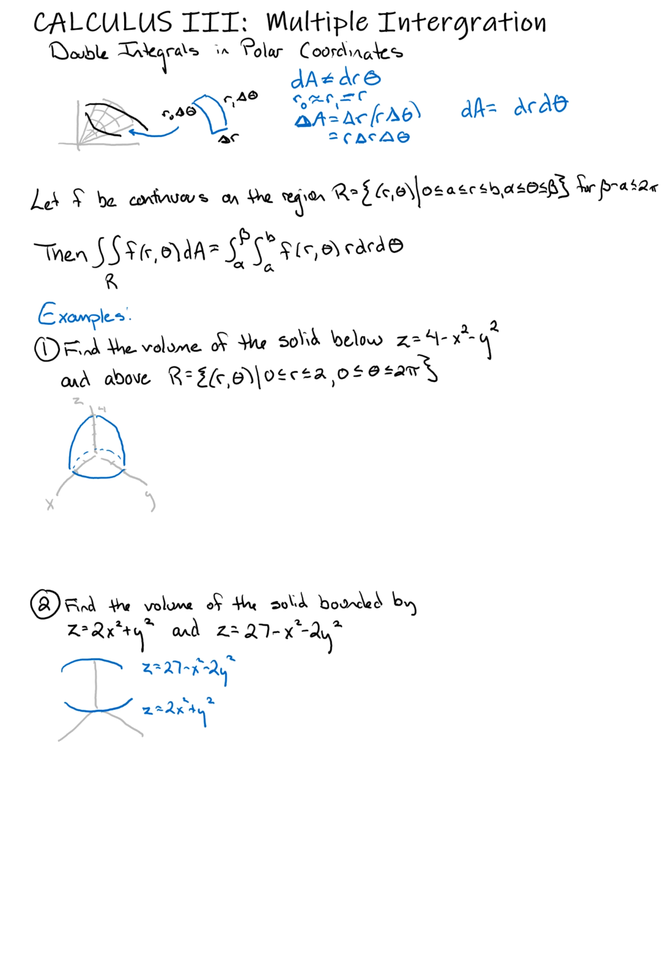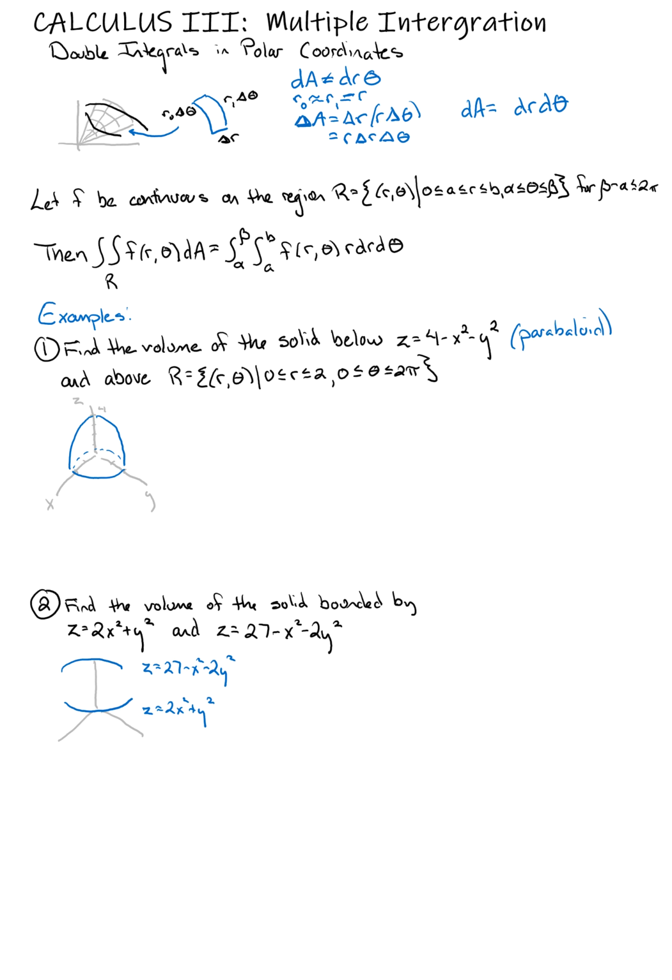All right, well, let's dive in and take a look at an example. I think the hardest part about these examples is making sure you understand what things look like. Here we have example 1. We want to find the volume of the solid that's below z equals 4 minus x squared minus y squared. Recognize that this is a paraboloid, and it's above the region r going from 0 to 2 and theta going from 0 to 2 pi.